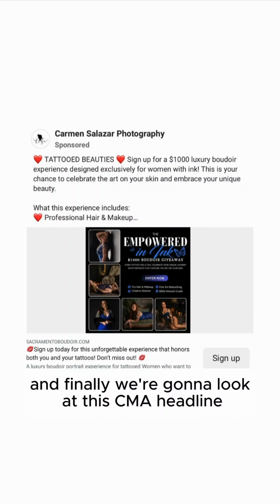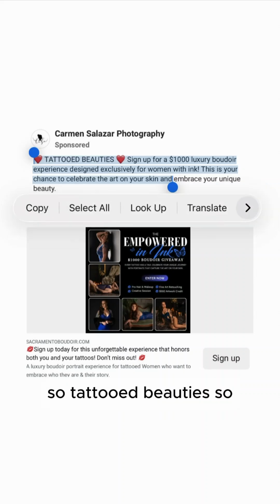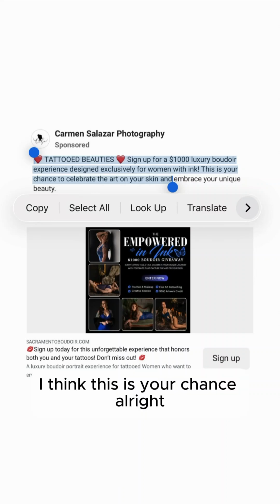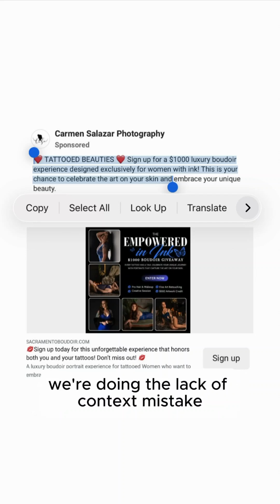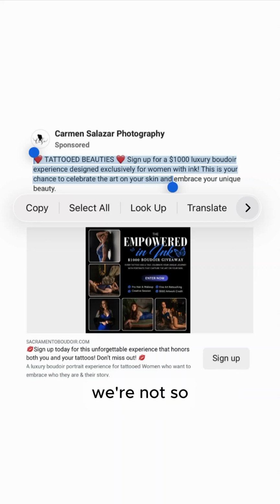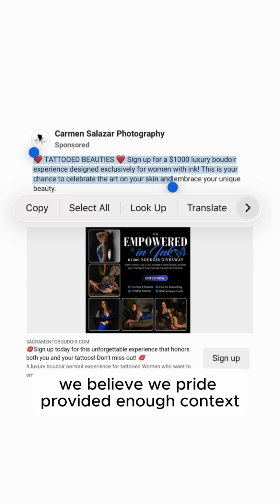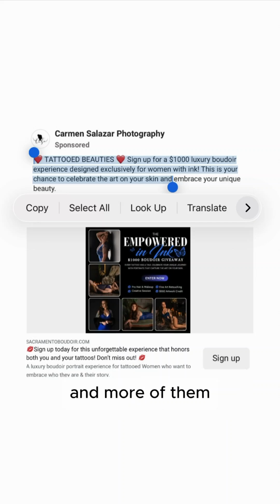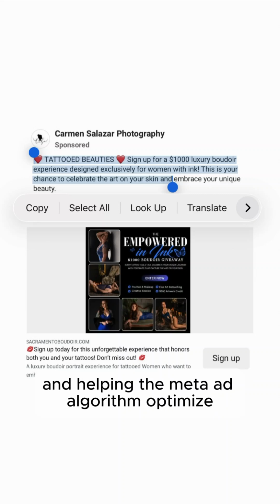And finally, we're going to look at this See More headline, the first 2 3/4 lines, Facebook newsfeed mobile. So, tattooed beauties. So, I think this is your chance. All right. So, we do got some good context here. But the false belief or the mistake we're making is the lack of context mistake. The false belief that causes us to make this mistake is we believe we provide enough context to get the right women to click in and more of the wrong women to scroll on by, and helping the meta ad algorithm optimize.